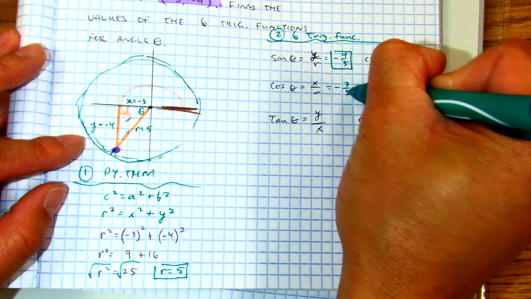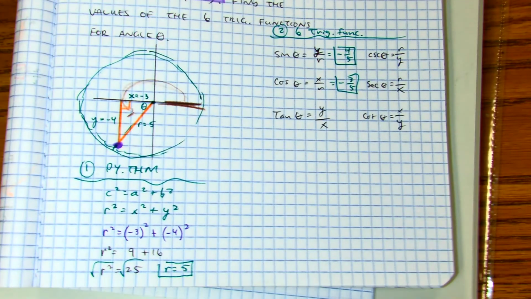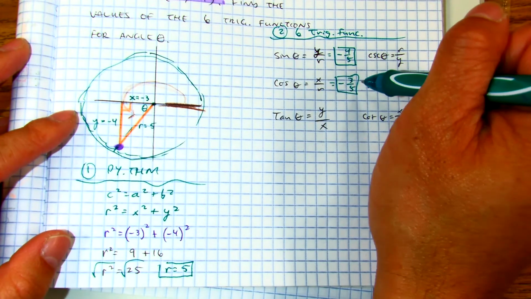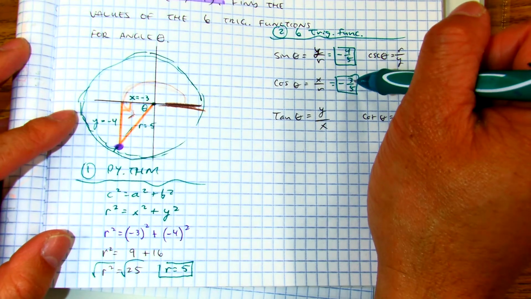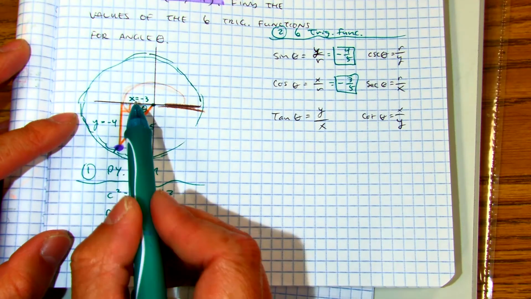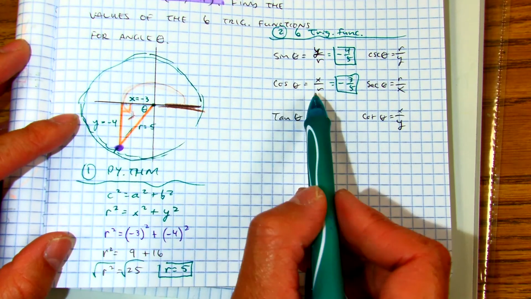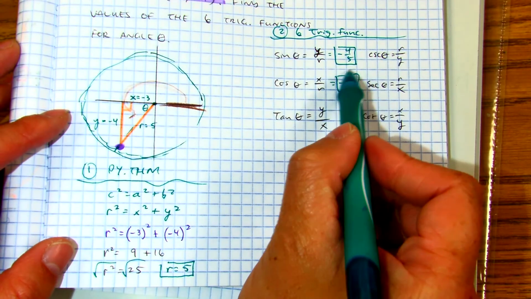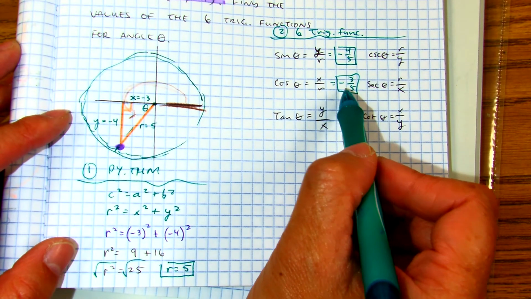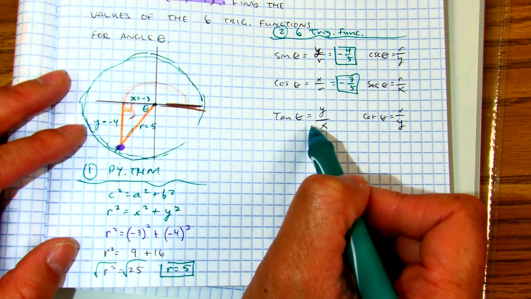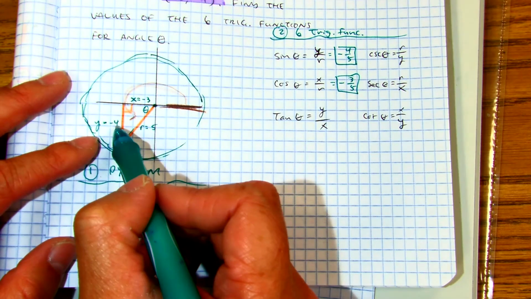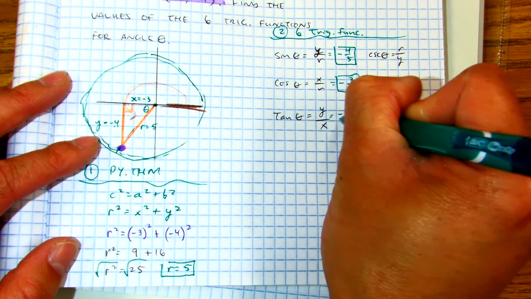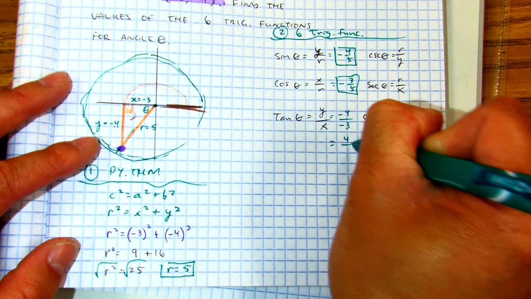Remember, the x value is negative 3. The r value is a positive 5, but a negative divided by a positive makes this whole thing negative. Does that make sense? Tangent is y over x, so I'm going to have negative 4 over negative 3. And that equals 4/3.